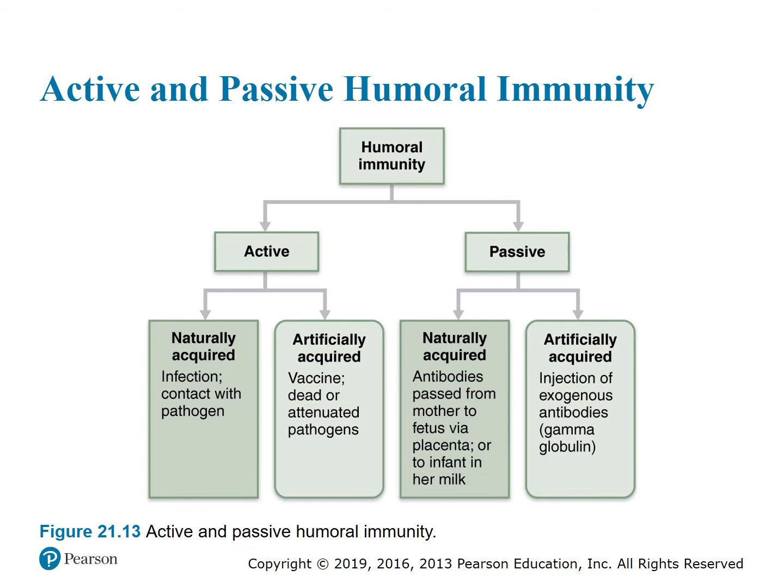And artificially acquired instead is the injection of antibodies, and they were talking about this for COVID. So if somebody had been sick and recovered from COVID, they would take their antibodies and then give them to someone who is struggling with COVID.